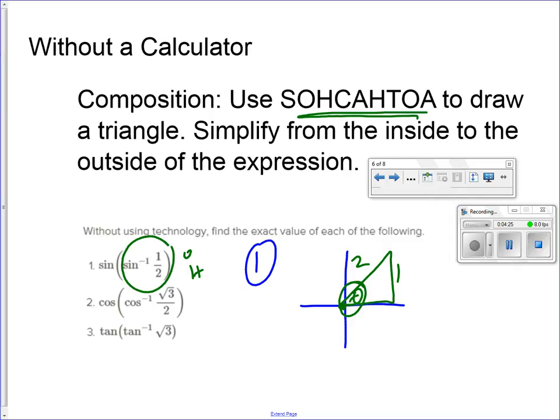This is theta. If I simplify that inside stuff to theta, now the expression reads sine theta. Well, what's the sine of an angle? It's the opposite over the hypotenuse. The opposite is 1, and the hypotenuse is 2. So the answer is 1/2.